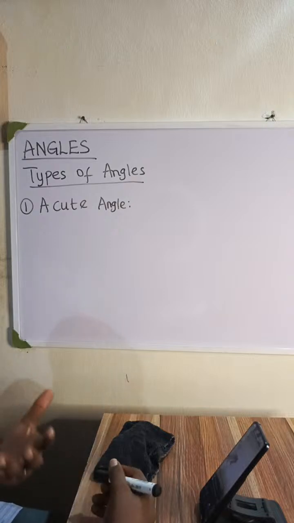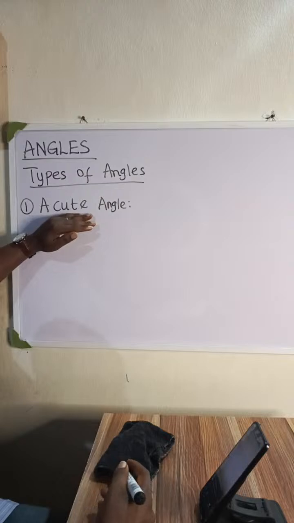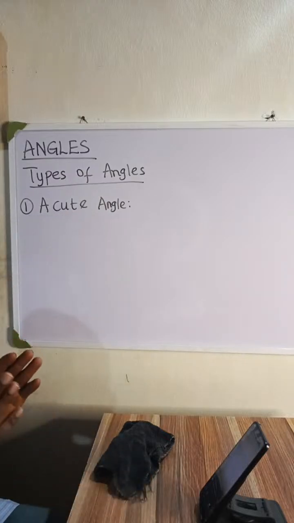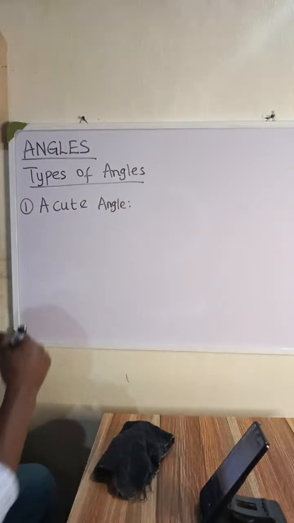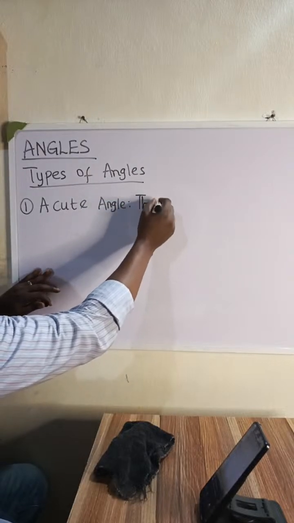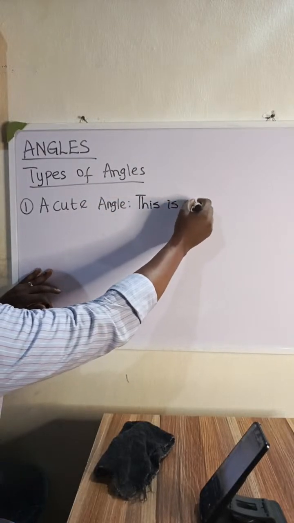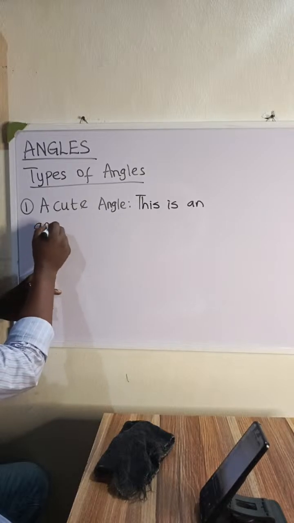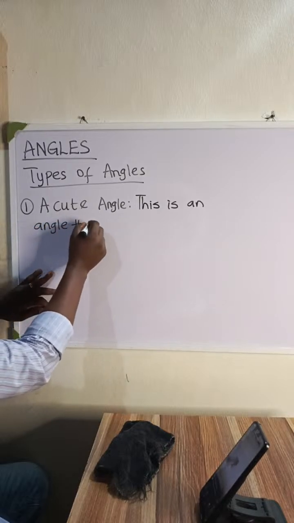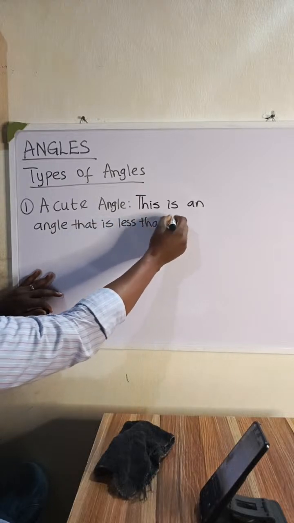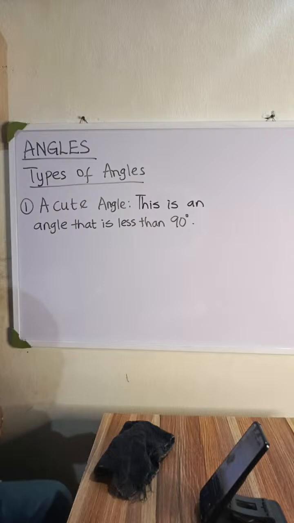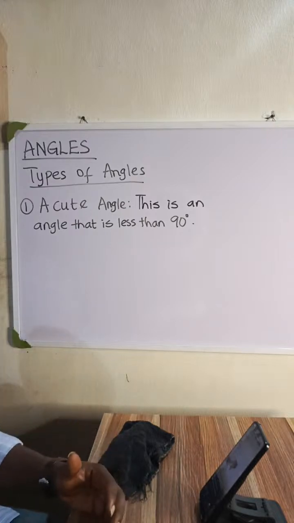An acute angle is an angle that is less than 90 degrees. Any angle that is less than 90 degrees is called an acute angle.